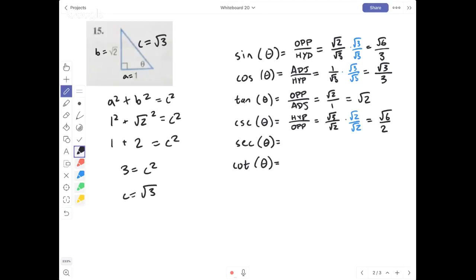Then the secant of theta is the hypotenuse over the adjacent, which equals, for this triangle, root 3 over 1, which just equals the square root of 3. And lastly, the cotangent of theta is the adjacent over the opposite, which equals 1 over root 2, which I'm going to times by root 2 over root 2, so as to not leave a radical in the denominator, and I get root 2 over 2.